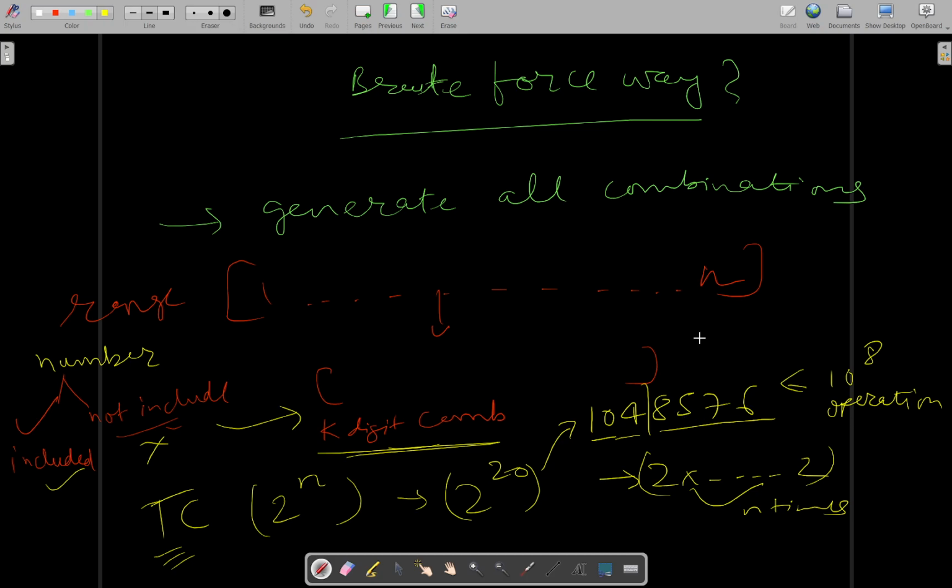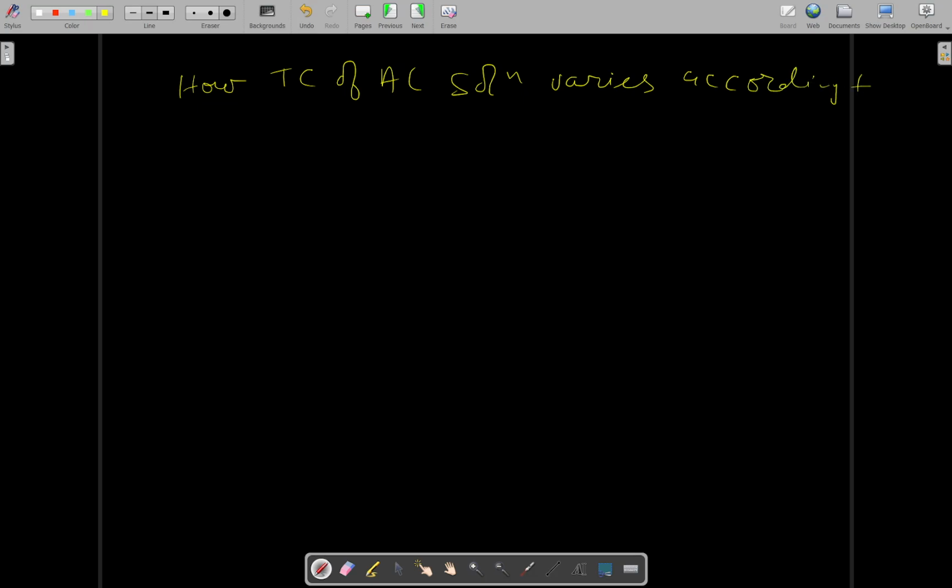Those of you who are not familiar with how the time complexity of an accepted solution varies according to input size, I'll provide a link for an article describing this.